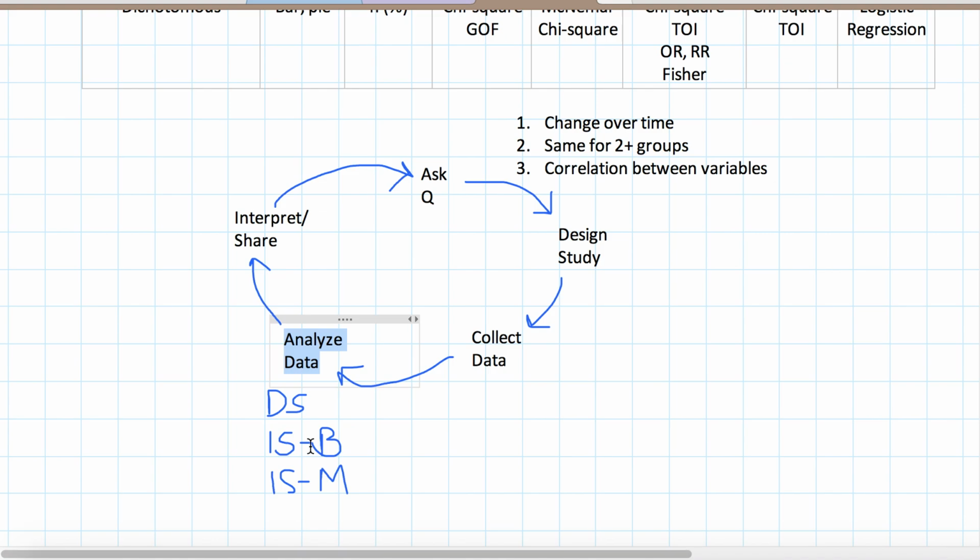But just because we're looking at a bivariate relationship does not automatically mean that there is a causal relationship happening there. Maybe those two things are just happening together at the same time.